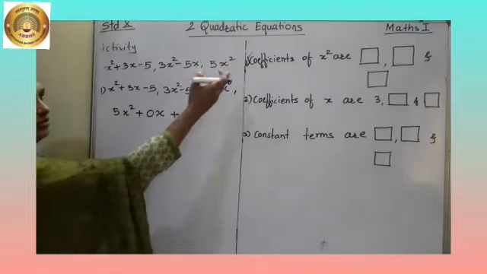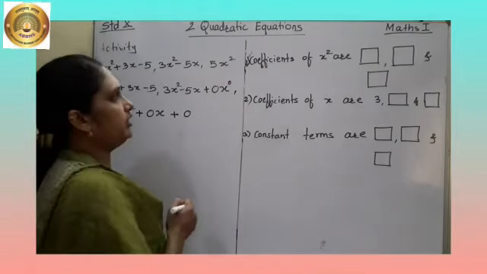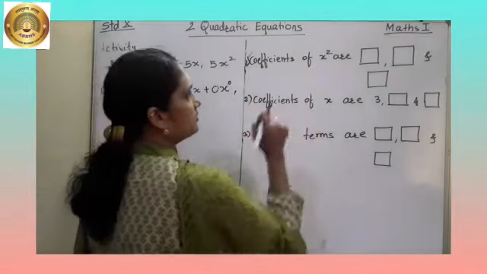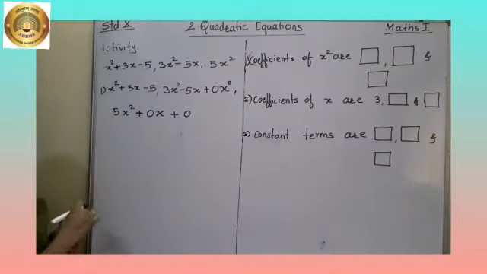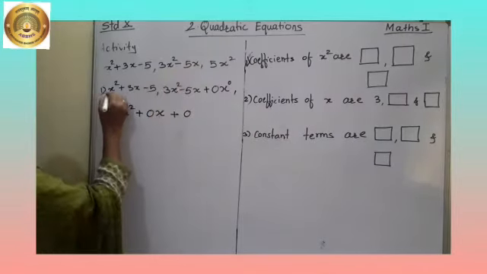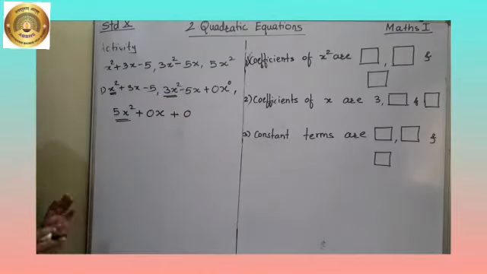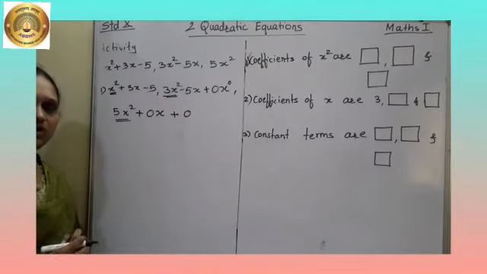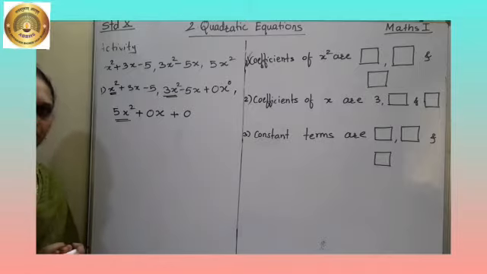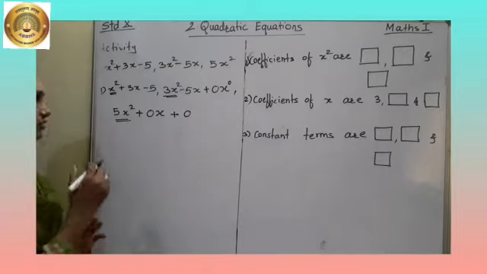Now we'll solve this. They told us to write the coefficient of x square. So here the x square is given, x square and x square. The number along with the x square is called the coefficient, or the number along with the variable is called the coefficient.